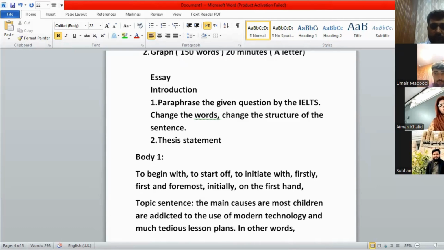Tedious means boring. Now, in other words, children are pretty much attached to their mobile phones, and they are now fed up of the conventional teaching methodologies. Very good. They need a change.